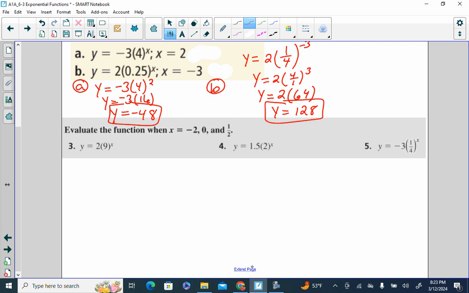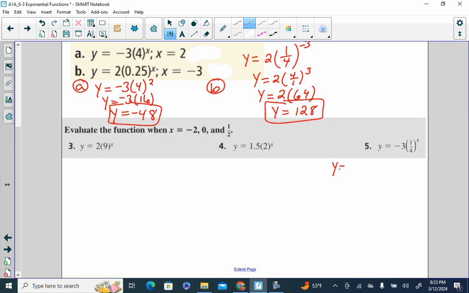All right. Problems 3, 4, and 5. You're asked to evaluate each of those for x is negative 2, x is 0, and x is 1 half. We won't do all of these, but let's do problem 5 together. We want to first evaluate it for x is equal to negative 2.